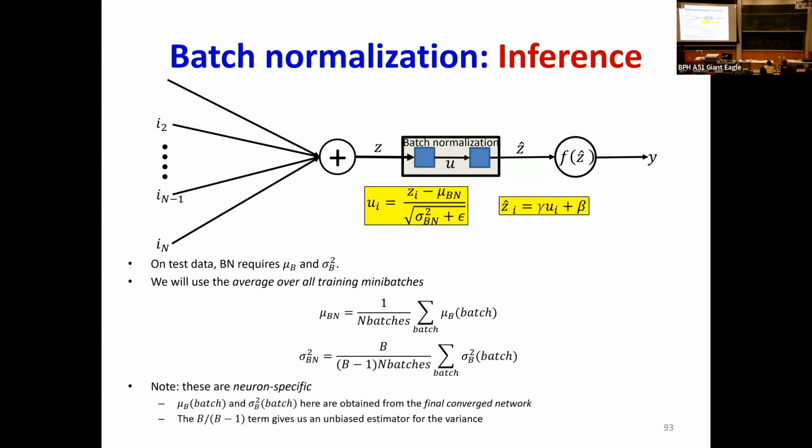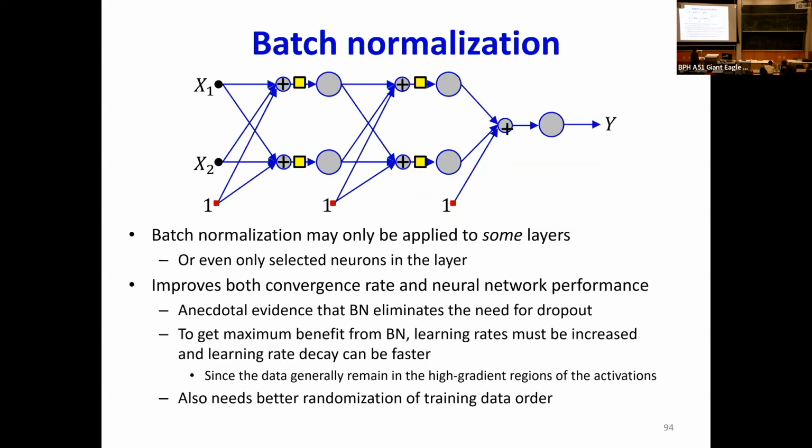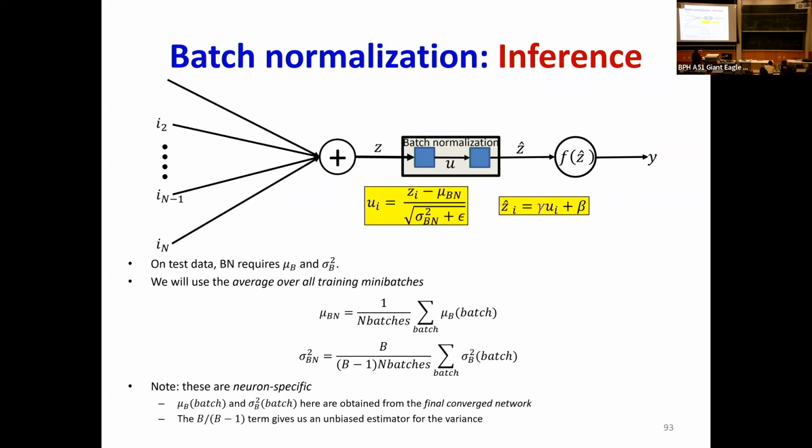You use what is called an unbiased estimator. That little detail is not a big deal. But the point is you're computing the average of the variances over all the mini batches and the average of the means in all the mini batches. And this is what you would use in your final inference. Okay.